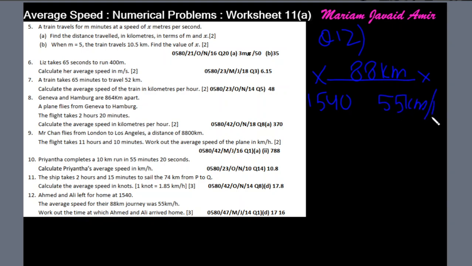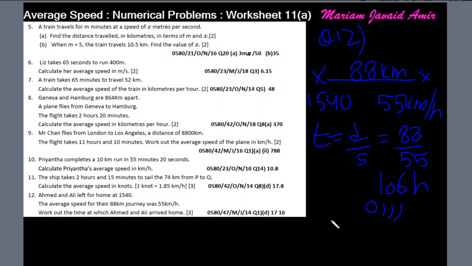So we need to find their arrival time. First we need time. Time is distance over speed, which is 88 over 55. This will be in hours, so 88 over 55 is 1.6 hours. And when I enter this and press this key, I get 1 hour 36 minutes. Now add 1 hour 36 minutes to 15:40.